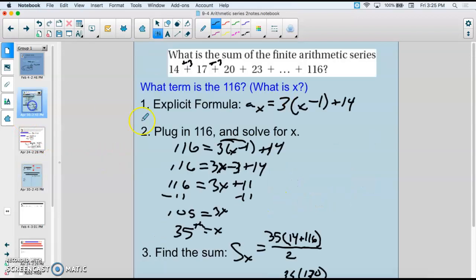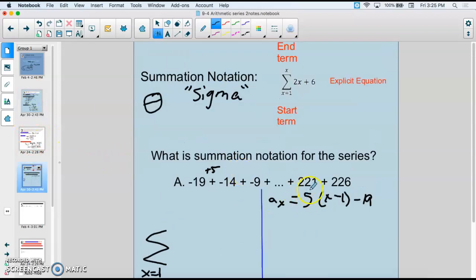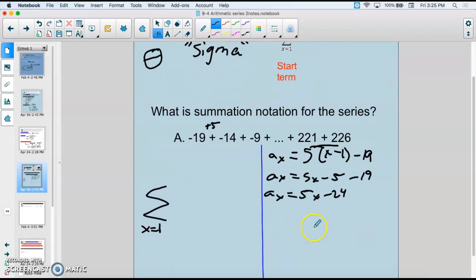Now, like the advice I gave you earlier, let's go ahead and distribute the 5. So we get 5x minus 5 minus 19. And so a_x equals 5x minus 24. I did that because this formula goes here, 5x minus 24.